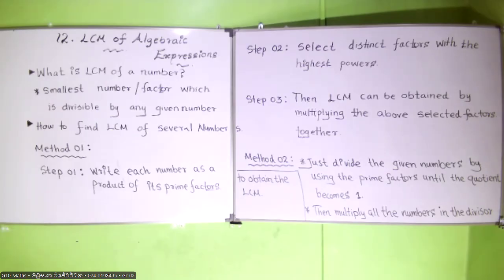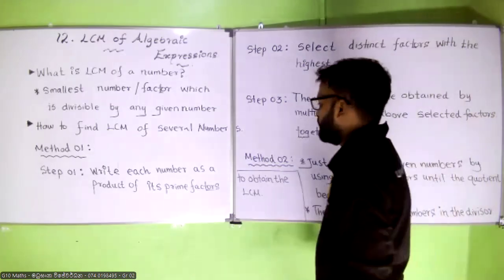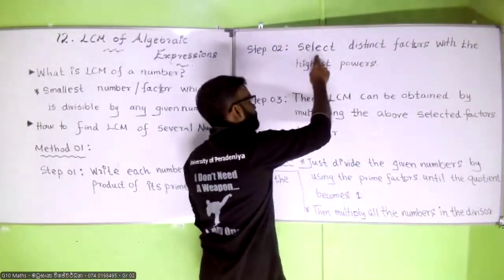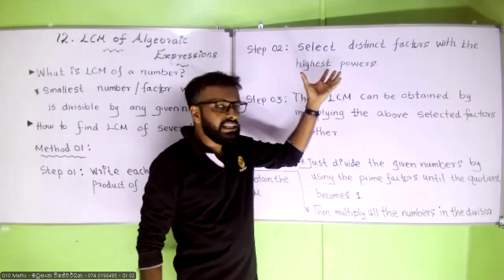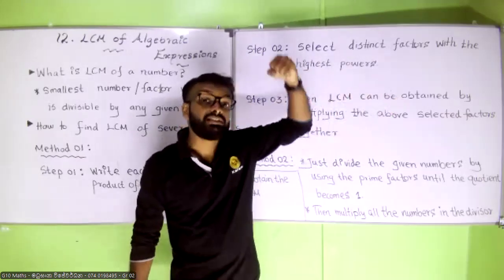Let's do example number 1. I want you to understand only one thing: you need to know how to select distinct factors with the highest power.